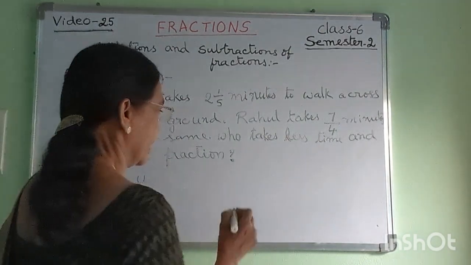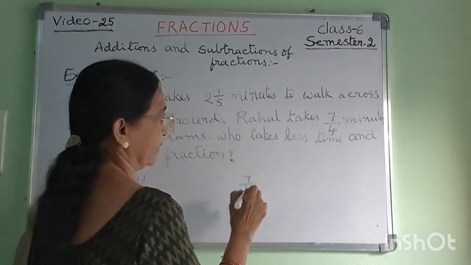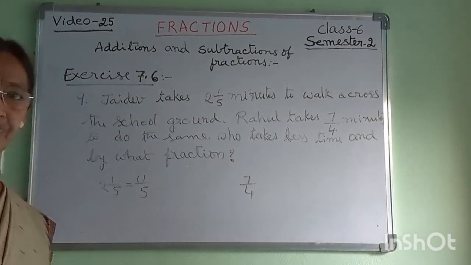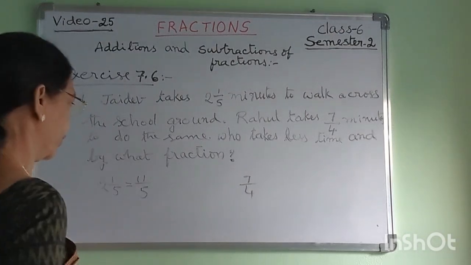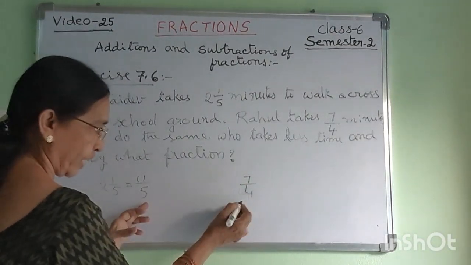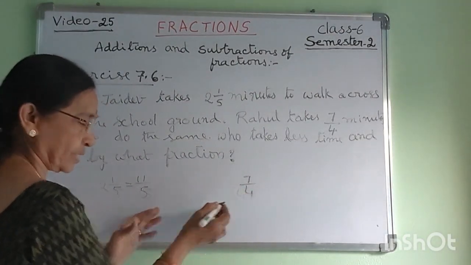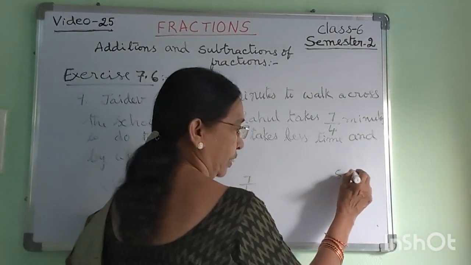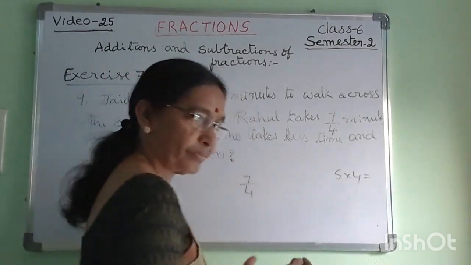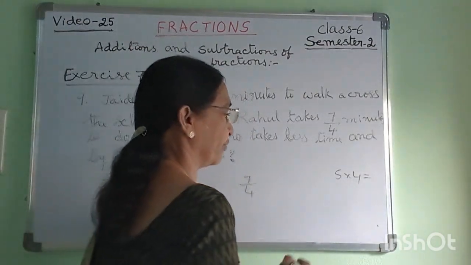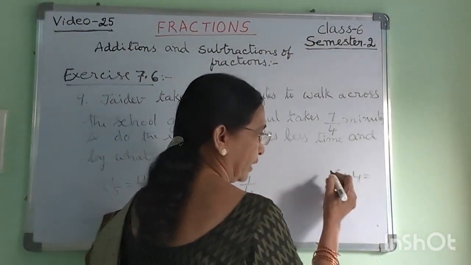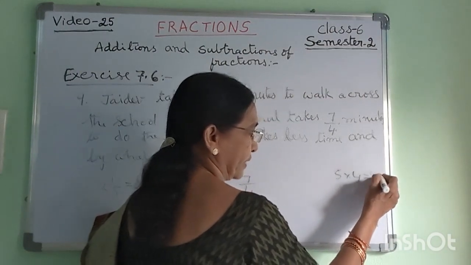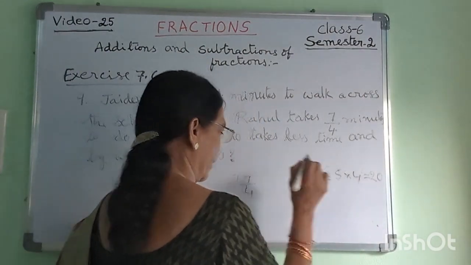And the other one is 7/4 minutes. Rahul takes 7/4 minutes. Now we have to compare these two fractions. Therefore, we have to take the LCM, as these are two numbers having no common factors other than 1. The product itself is the LCM. LCM is equal to 20.